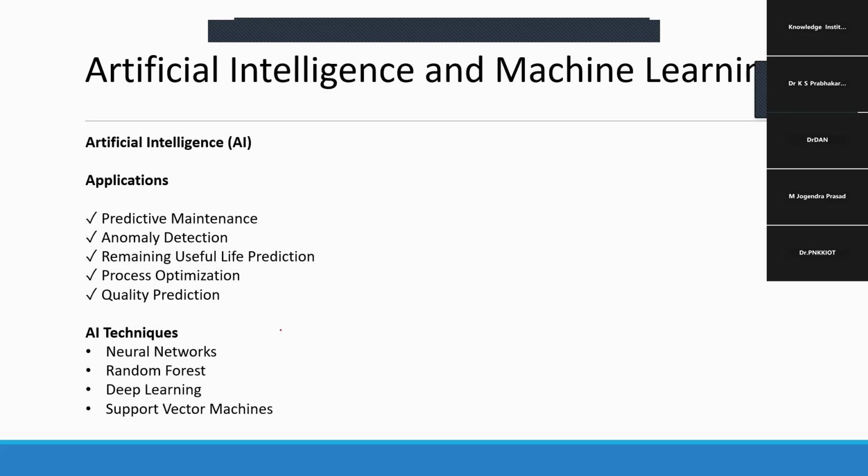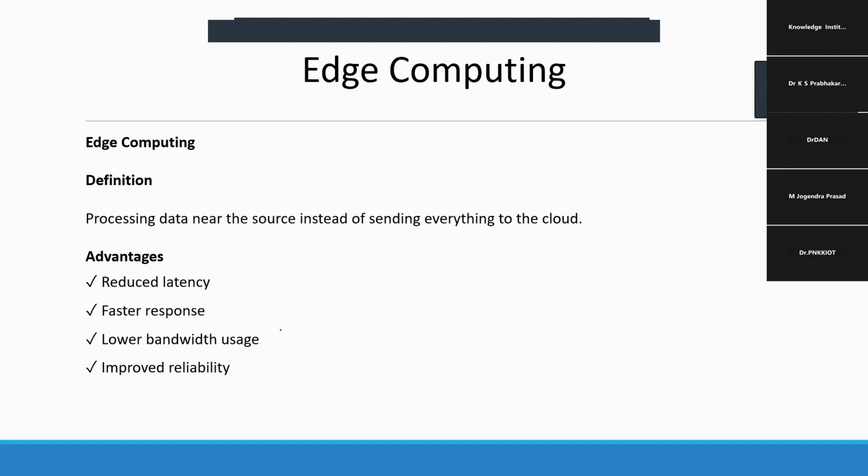Next is edge computing. Edge computing addresses these challenges by processing data closer to where it is generated. For example, a manufacturing machine may have an edge device installed nearby. Instead of sending every sensor reading to the cloud, the edge device performs the initial processing and only transmits the important information that is needed.